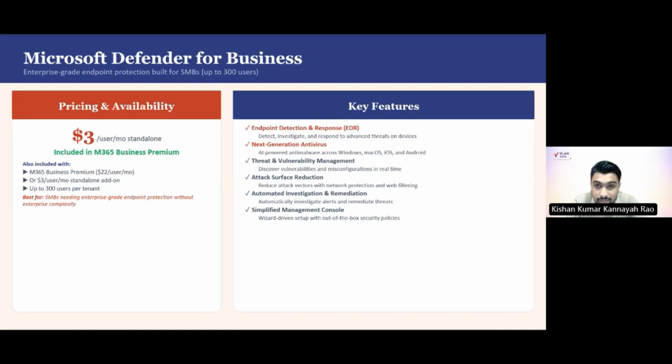So you can just purchase 300 licenses. It is best for SMBs needing enterprise-grade endpoint protection without enterprise-level complexity. So you're focusing on the security level where you need enterprise-level protection, but you are not going for the enterprise-level implementation.